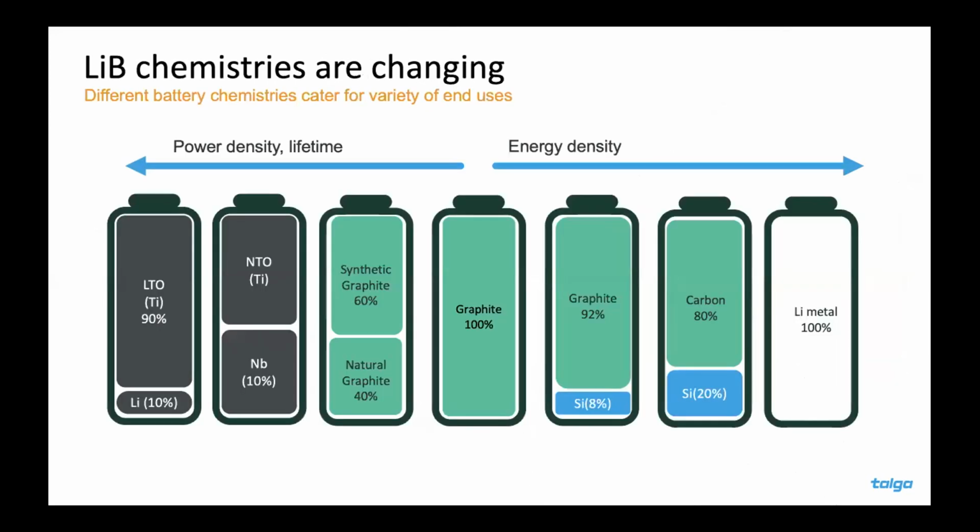What is happening is that in order to make the battery most suited for a specific application, or in order to change the battery properties, the chemistry or the construction of the battery is starting to change. Currently, most of the commercial batteries have a graphite anode, and this graphite can be either synthetic or natural graphite.